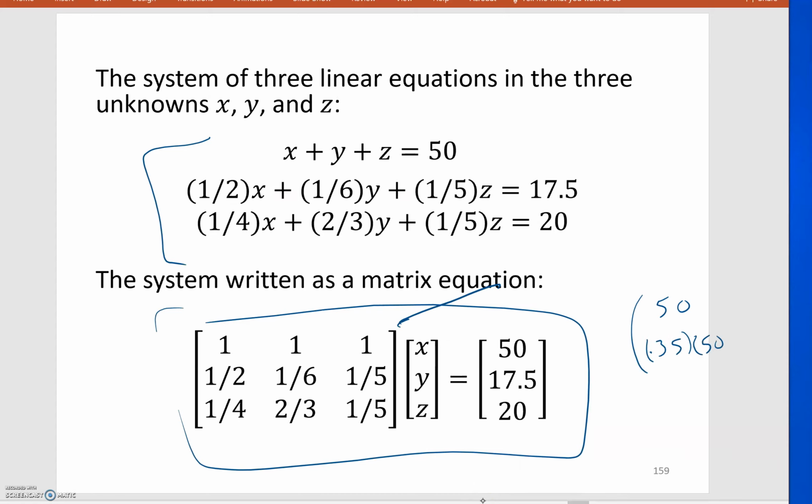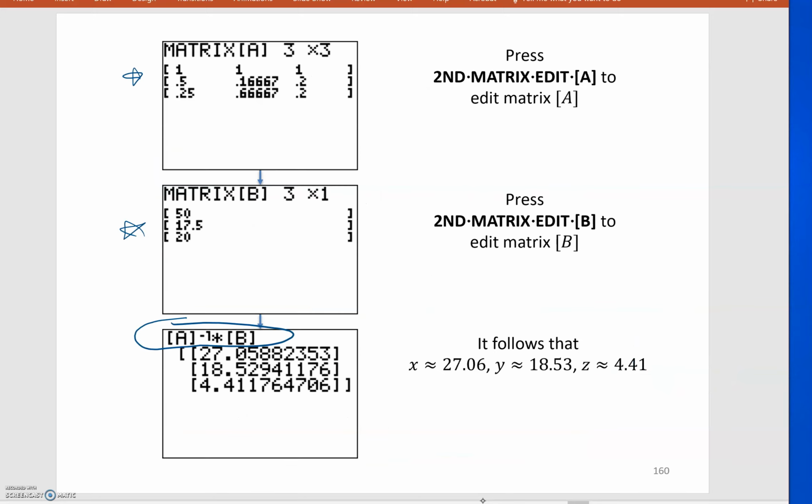So you can actually just type that in, times, and it'll do the multiplication within the matrix for you. But other than that, I'm going to do the inverse of that. Let me go to the next slide.